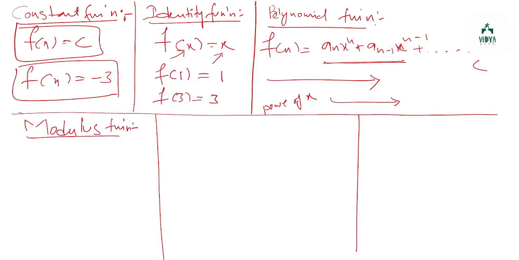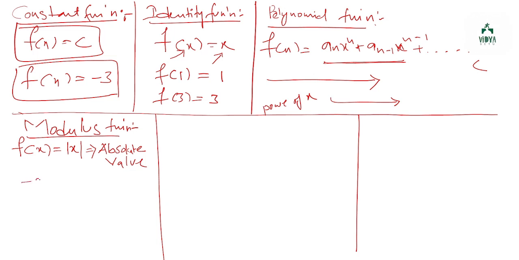Okay, what is the modulus function? The modulus function is a function in the form f(x) = |x|. We denote it like this, and it gives the absolute value. So what is the absolute value?